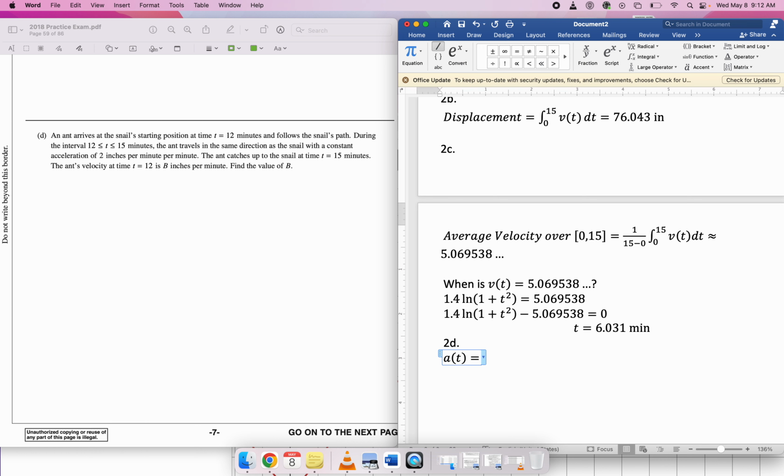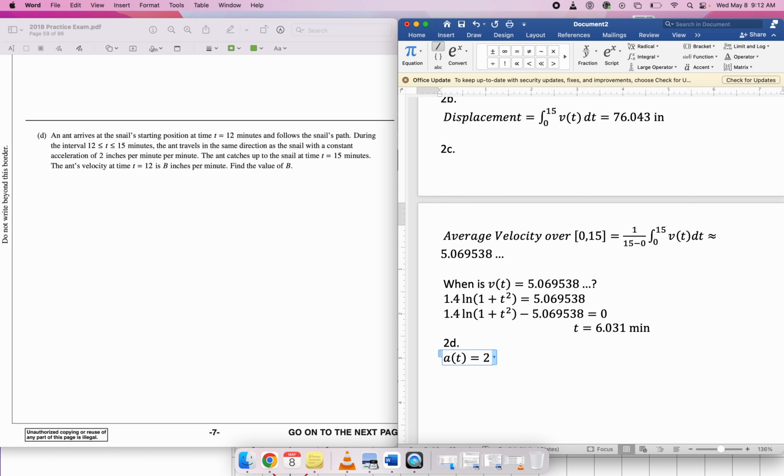So I'm going to call the acceleration of the ant a of t, and it's just a constant 2. The ant catches up to the snail at time t equals 15 minutes. The ant's velocity at time t equals 12 is b inches per minute. Find the value of b.